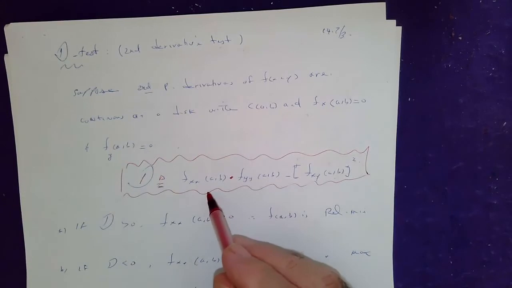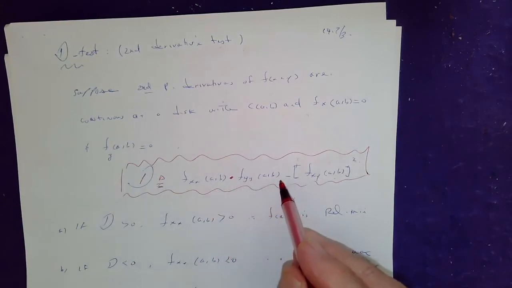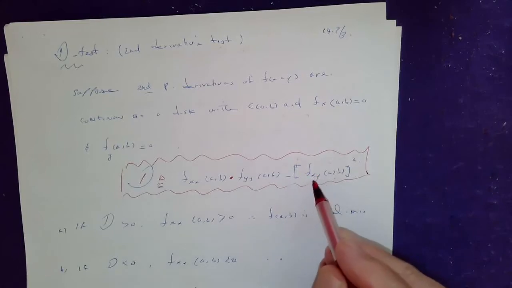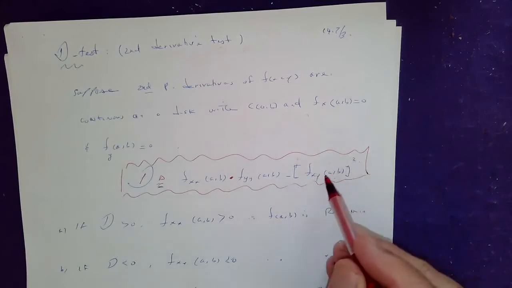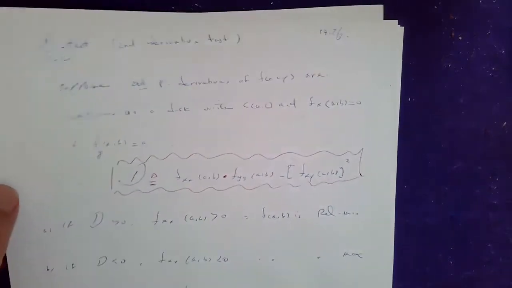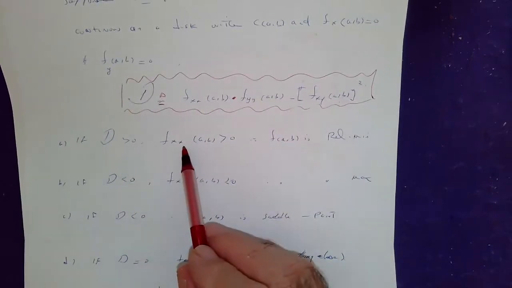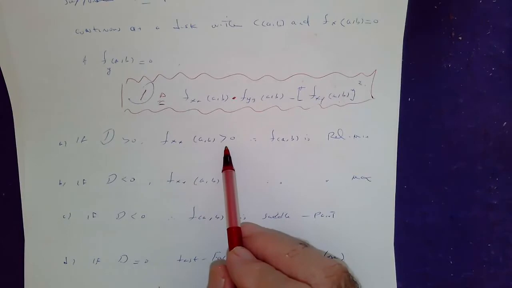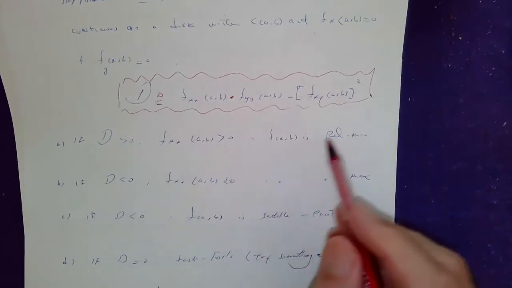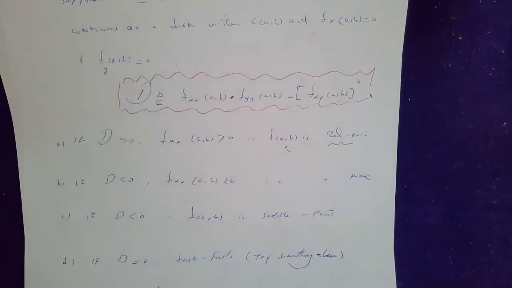So now we have different scenarios. If this function D is greater than 0 and fxx is also greater than 0, we say the function has a relative minimum at (a, b).